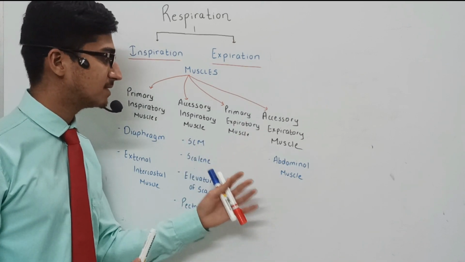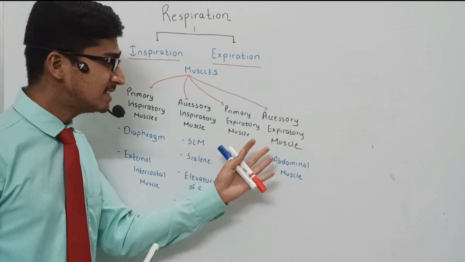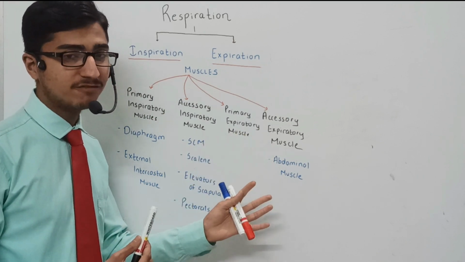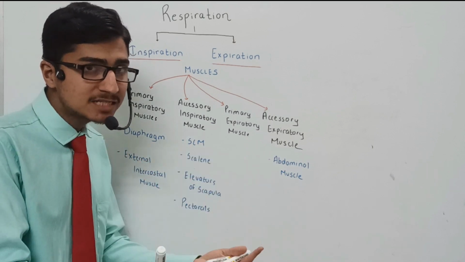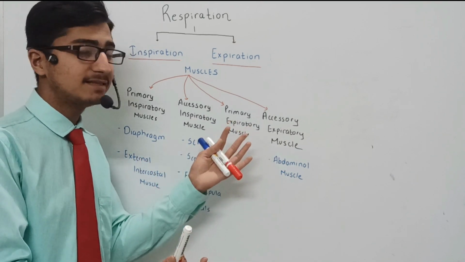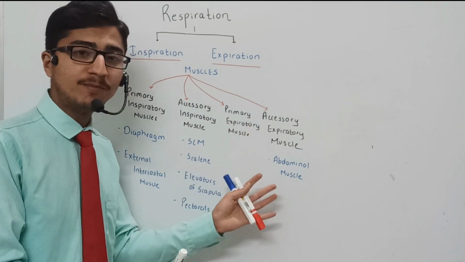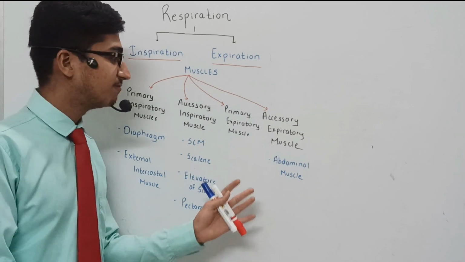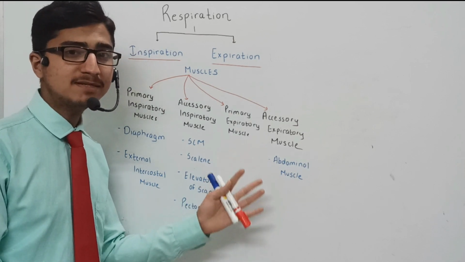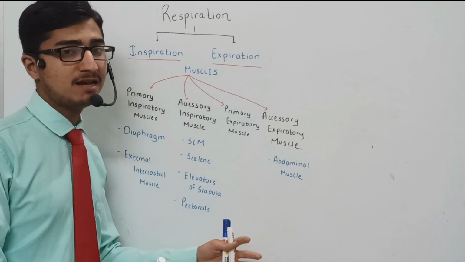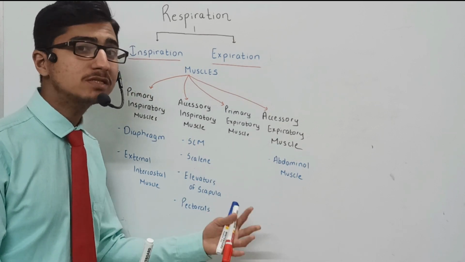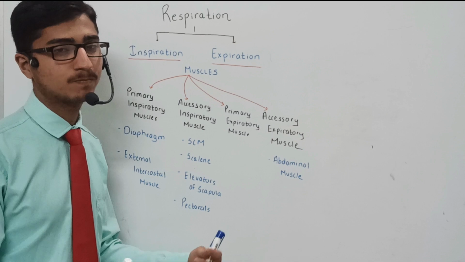Accessory expiratory muscles are useful when we are doing forced expiration, and these are abdominal muscles. We will see these abdominal muscles in detail while we are discussing the forced expiration process.